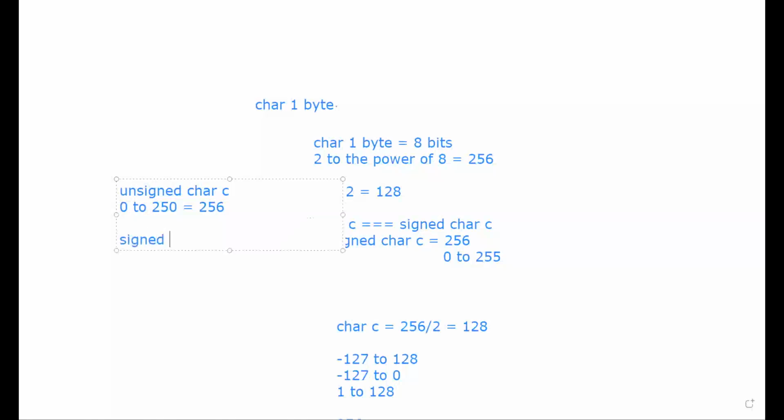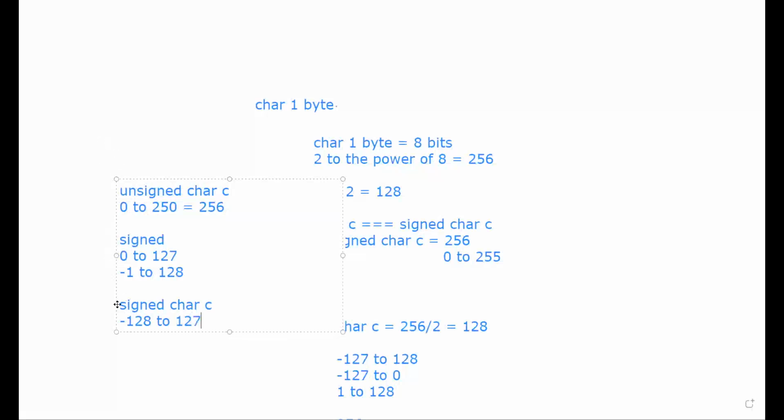Similarly, for signed, it will start from 0 to actually 127. And in reverse, it will go from minus 1 to 128. Clear? So now the range of signed char C would be minus 128 to plus 127.